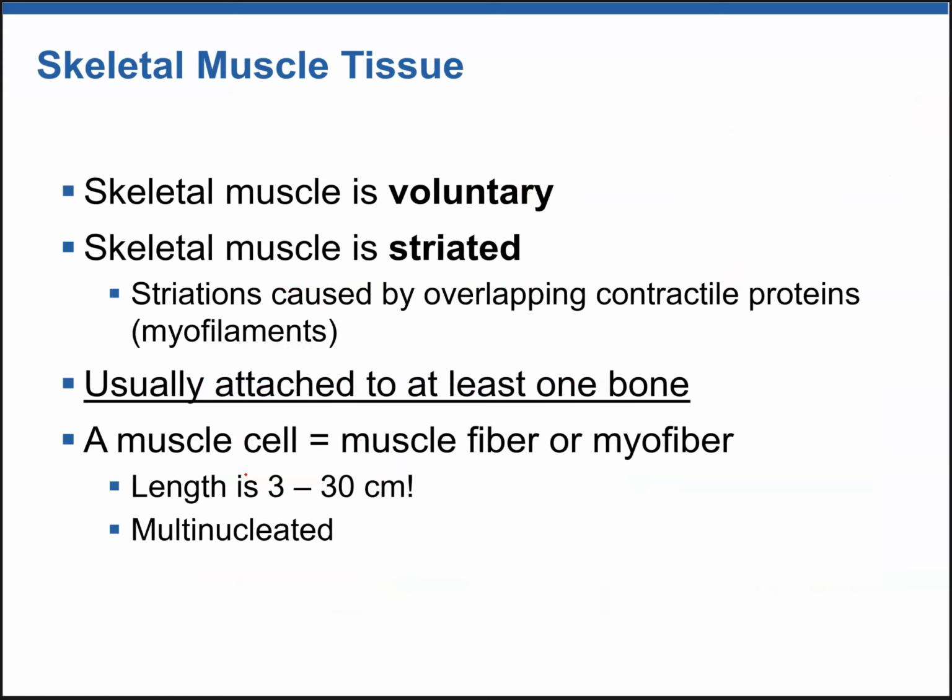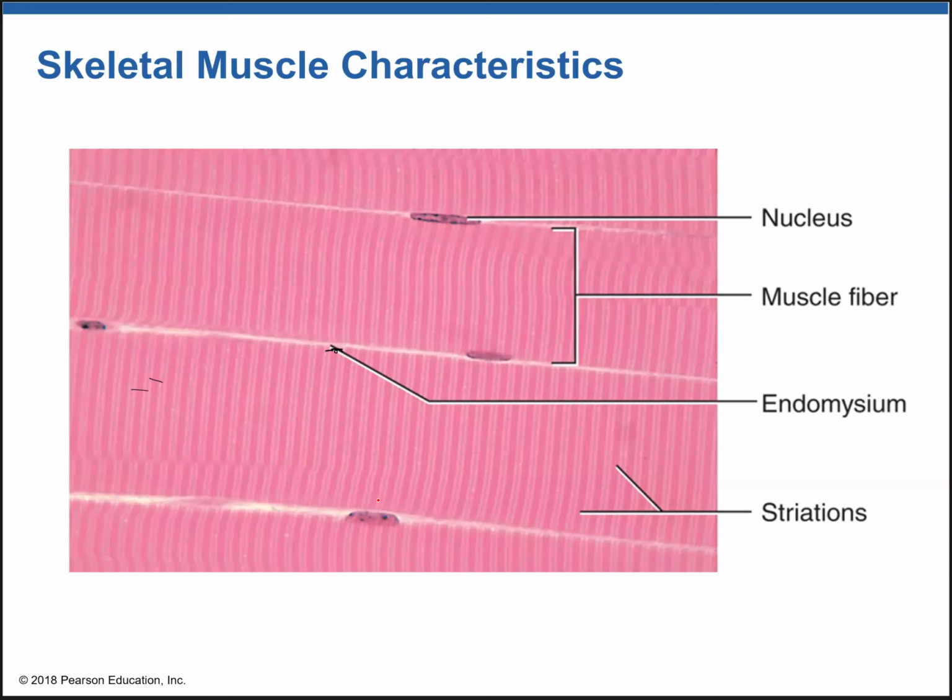Skeletal muscle, like I said, is voluntary, striated, and multinucleated, and they're about 3 to 30 centimeters in length. If you look at a closer image of the skeletal muscle fiber, you can see the nucleus. So this is the nucleus, and you see the muscle fiber.